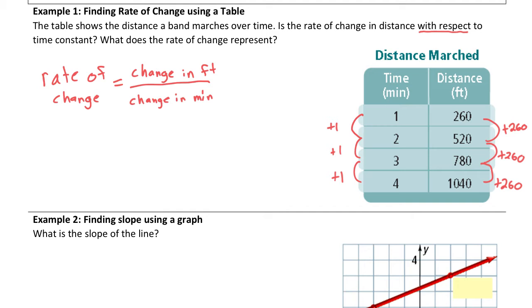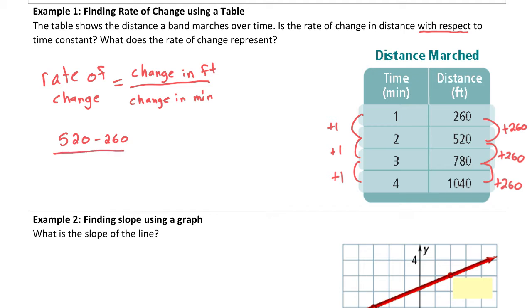Because the distance we travel depends on how much time has passed. So the way we could calculate this, we see that it's constant for distance, it's constant for time. The way I would calculate this rate of change is I would take the difference of two distances. So I would take something like 520 minus 260.